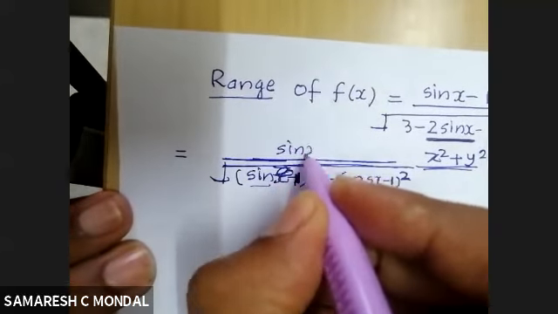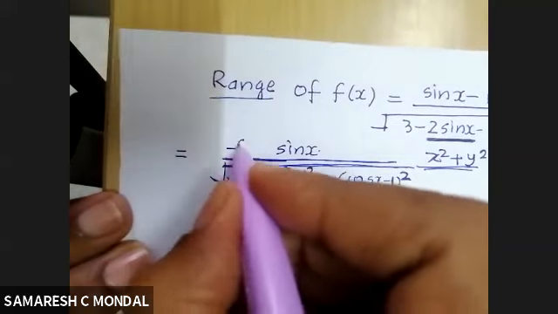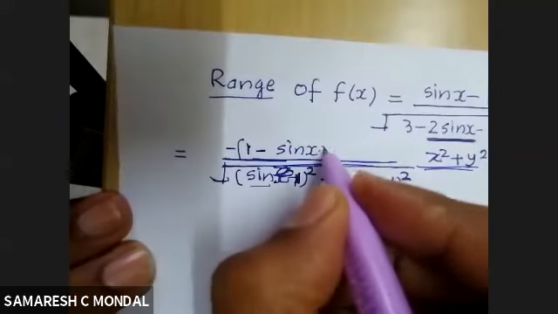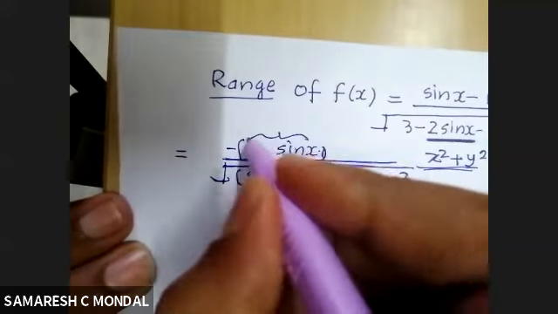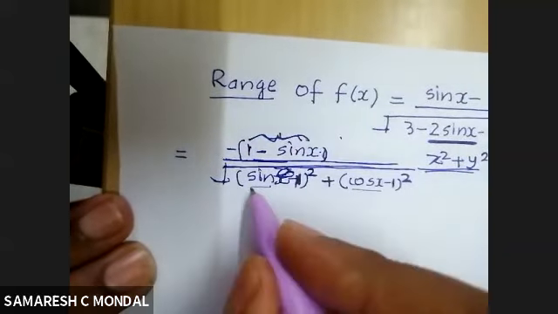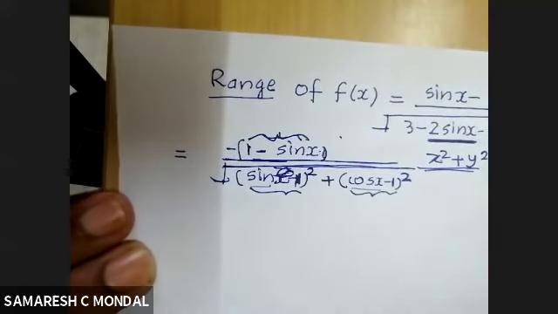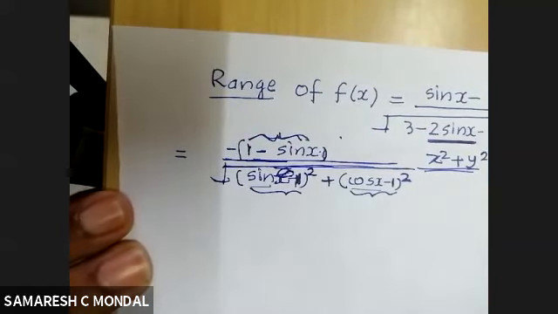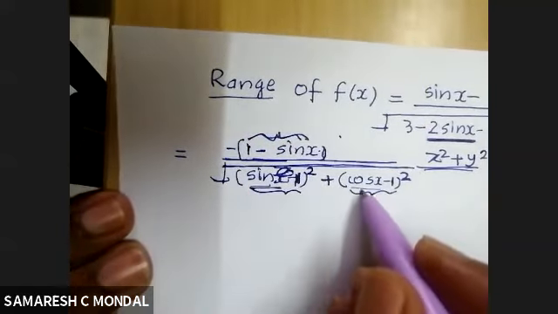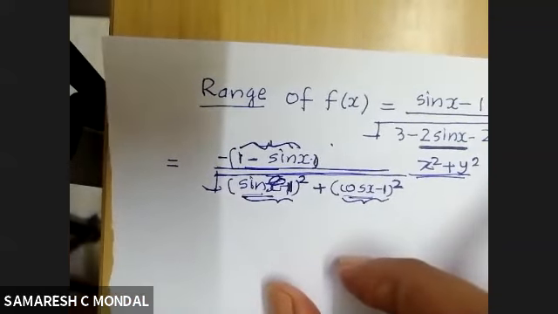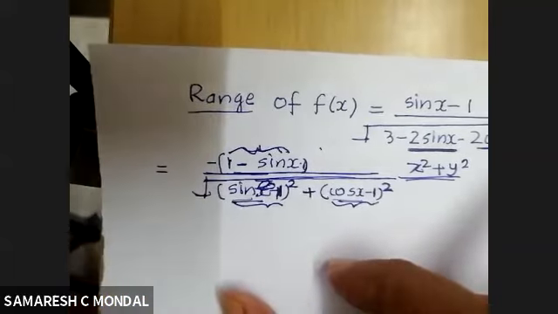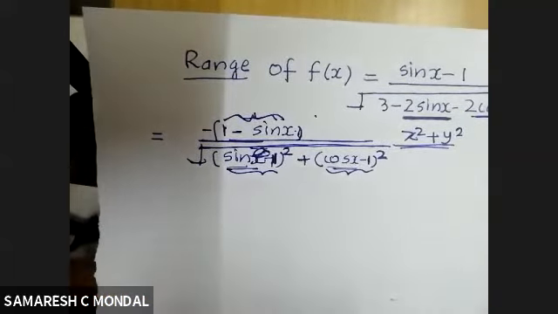In the numerator, you get sin x. I'll prefer to take minus 1 common, 1 minus sin x, because then it will be positive kind of stuff. And this also is kind of a distance formula. So where we have seen cos x sin x or cos theta sin theta, it's a parametric form of a circle.